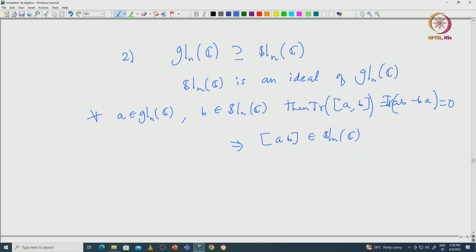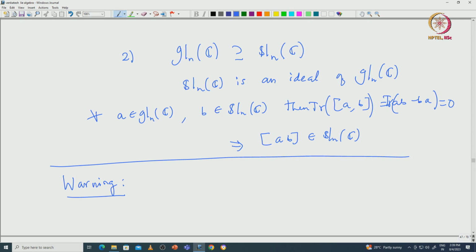Before moving forward, I want to give you a warning. In general ring theory, we talk about left ideals and right ideals, because we do not assume commutativity of the product.